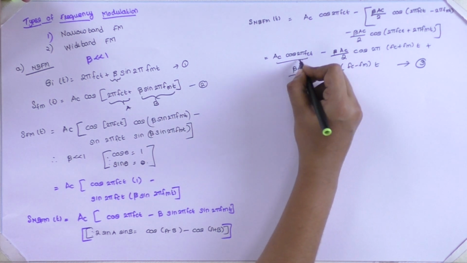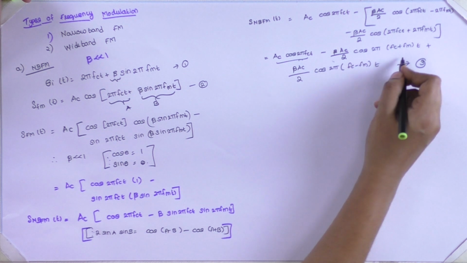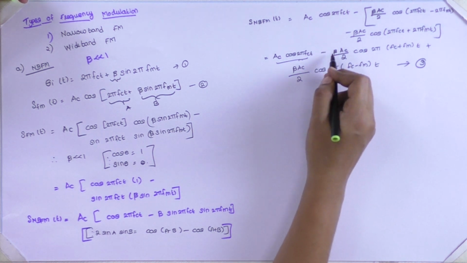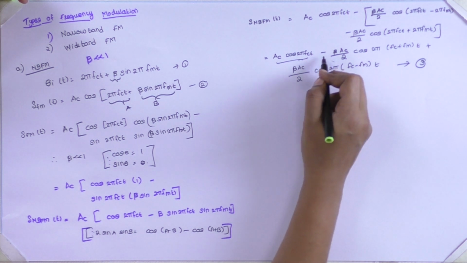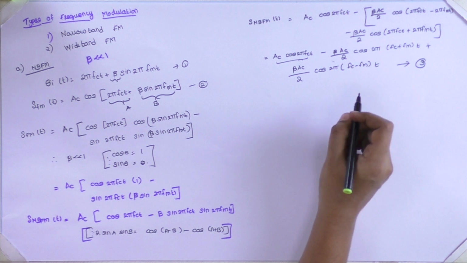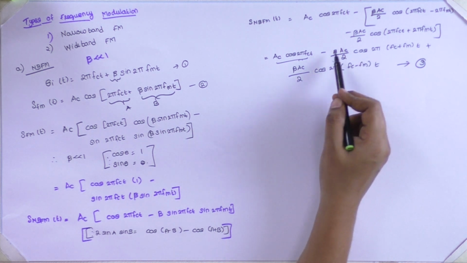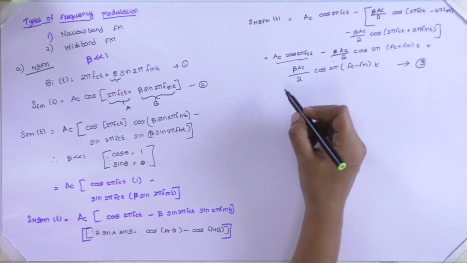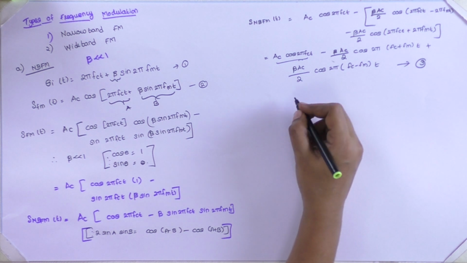This first term represents the unmodulated carrier wave. The second part represents the upper side band with the change in the magnitude, and this is the lower side band term. Only the LSB part is reversed, while the upper side band is the same when compared to the amplitude modulated signal.